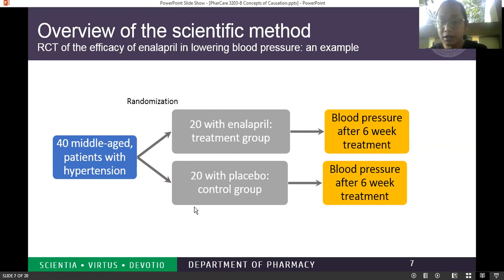Because we can control the other factors that may affect the blood pressure, but some of them may not be able to be controlled, such as the level of stress, their working condition, and so on. But when we can control it, then we can say confidently that the cause of the good results is the administration of enalapril, not the placebo.